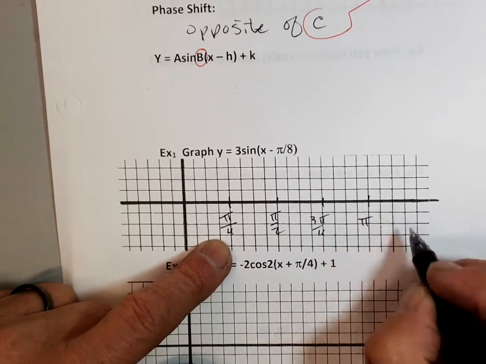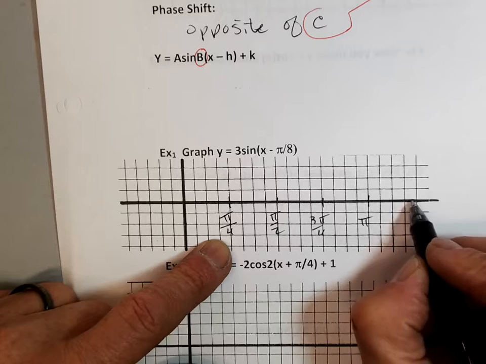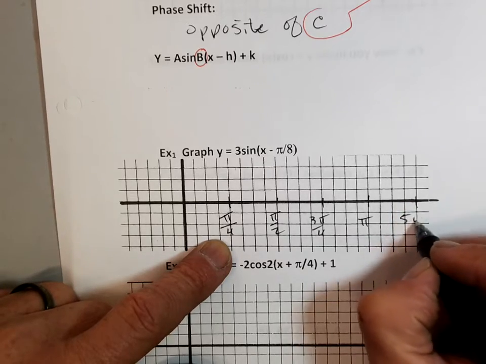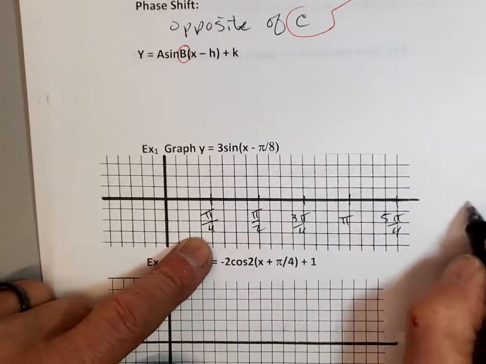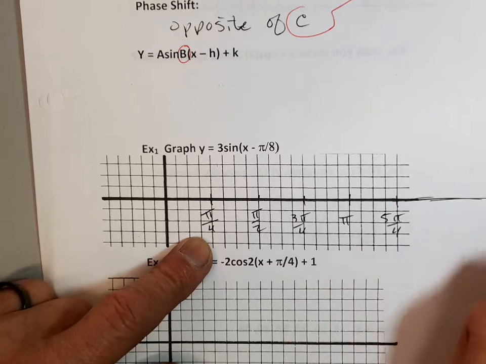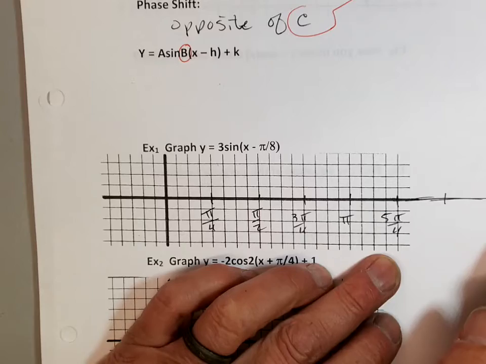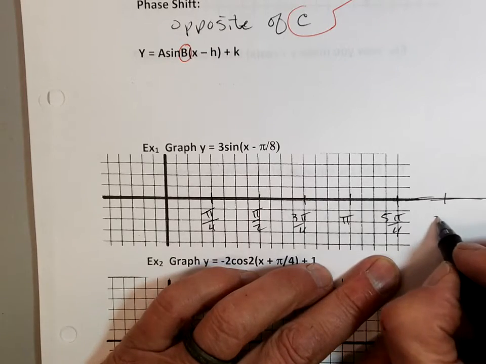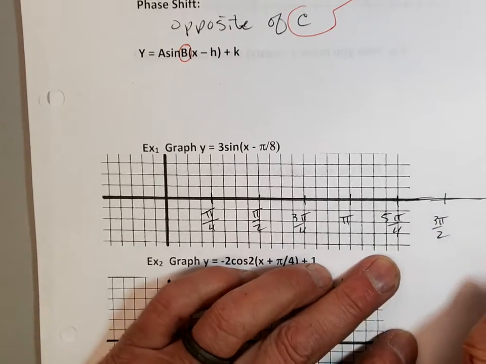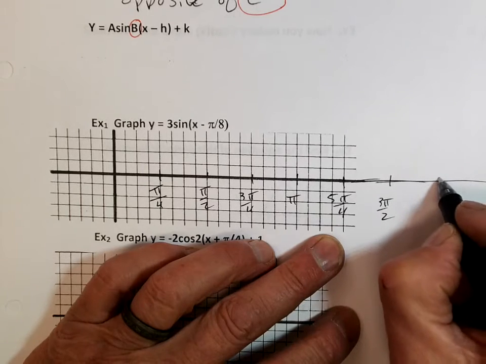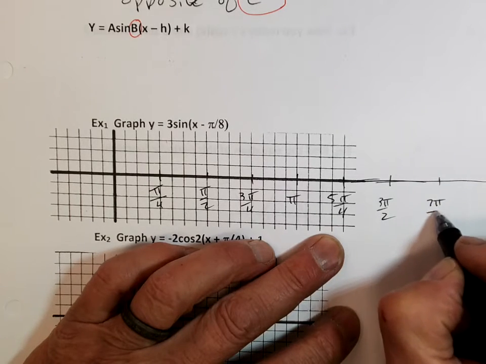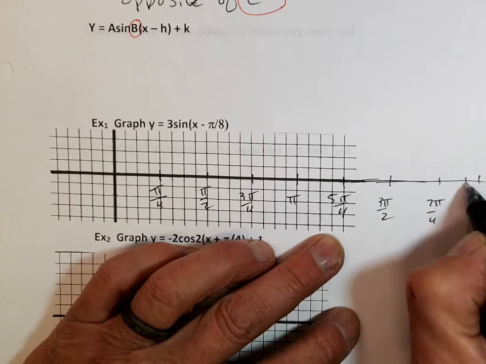There's my pi. 1, 2, 3, 4. There's my 5 pi fourths. And I should have made this graph longer. Unit circle. This is my 3 pi halves. 7 pi fourths. And I'll finish it with 2 pi.